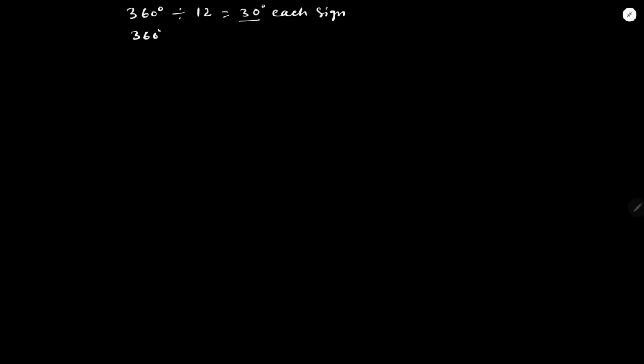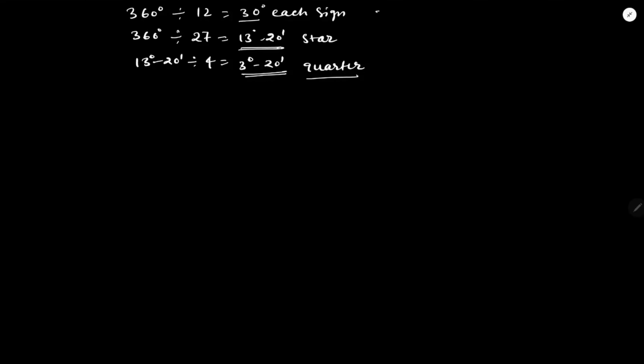Then we again distributed this 360 degrees into 27 equal parts, and we get 13 degrees 20 minutes of star, and this 13 degrees 20 minutes we again distributed into 4 equal parts, or 3 degrees 20 minutes, which is called the quarter. So the whole system is equal division.